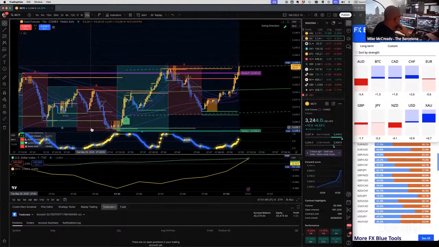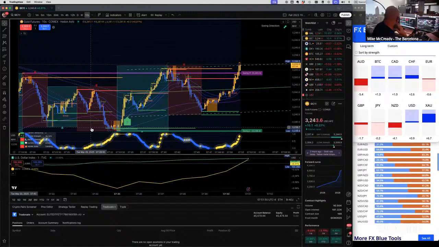I mean, this could be a buy, but it's going right up into these resistances here on the 1 minute, 5, and the 15-minute Heikin-Ashi, and the 15-minute.